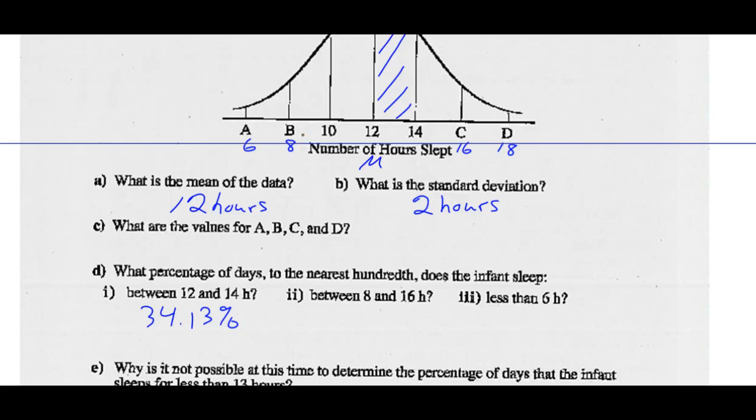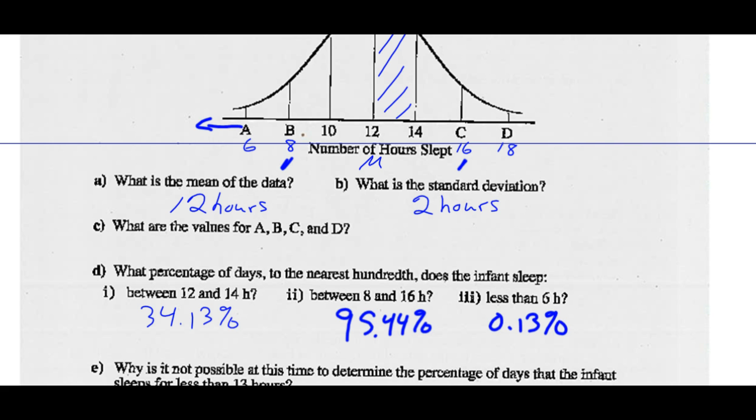So between 8 and 16 hours, from here to here, that's going to be within 2 standard deviations of the mean. If you go back and look at the last page, within 2 standard deviations of the mean was 95.44%. And less than 6 hours, we're talking about that area. So below 3 standard deviations, that's going to be about 0.13%.